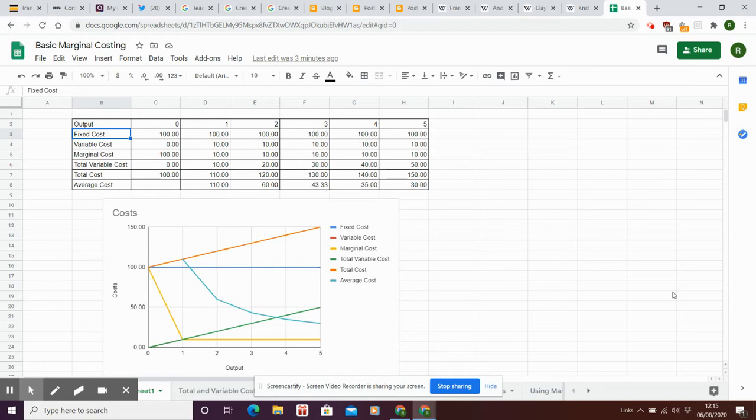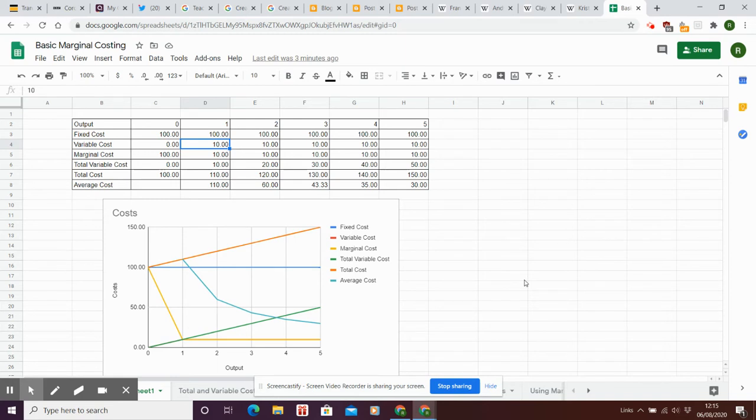You've got your variable cost, and by and large in accounting, your variable cost is also your marginal cost, and that is the cost of producing one extra item. So in this case here, the variable cost is 10. And what that means is that the labor costs and the material costs of this good is £10 per item.